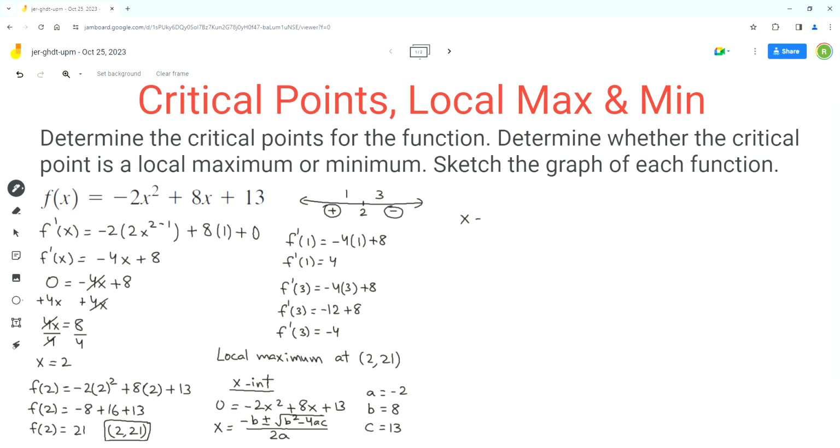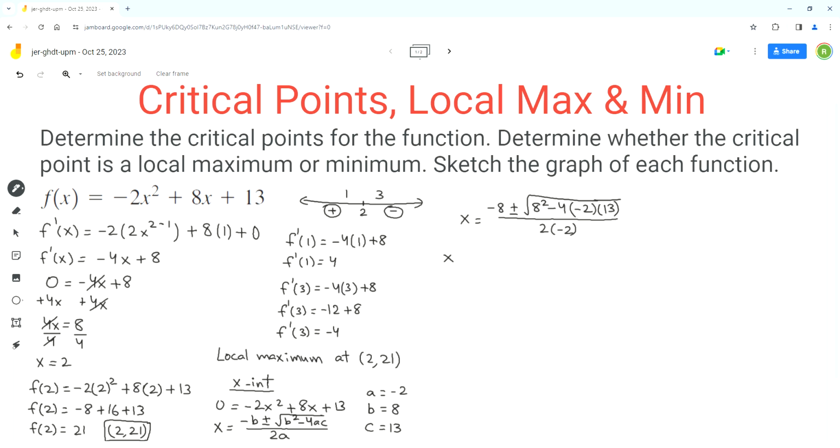So x equals negative 8 plus minus square root of 8 squared minus 4 times negative 2 times 13, over 2 times negative 2.